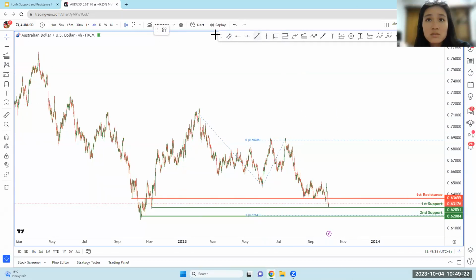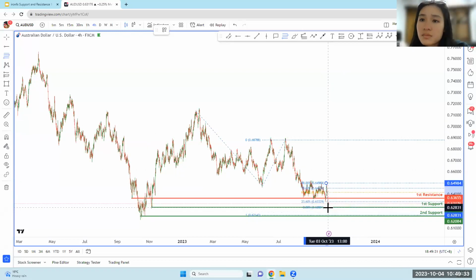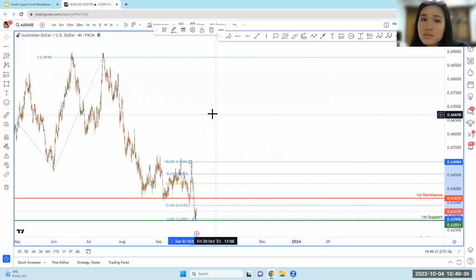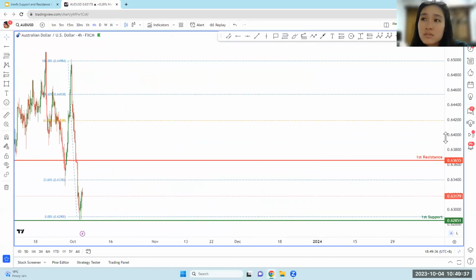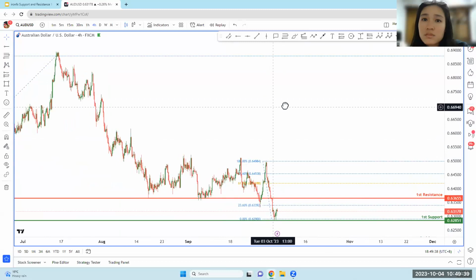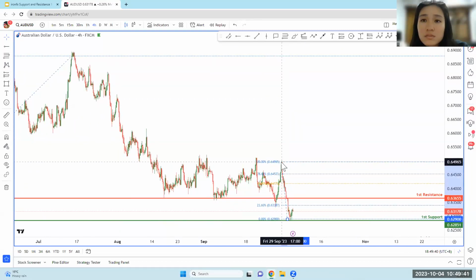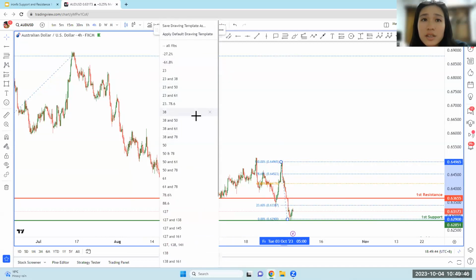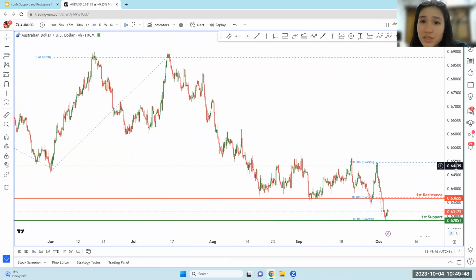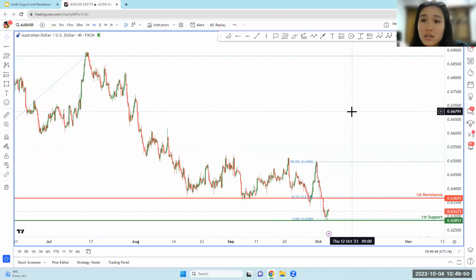Next. Okay, I think my 38 lines up, yep, with my first resistance.